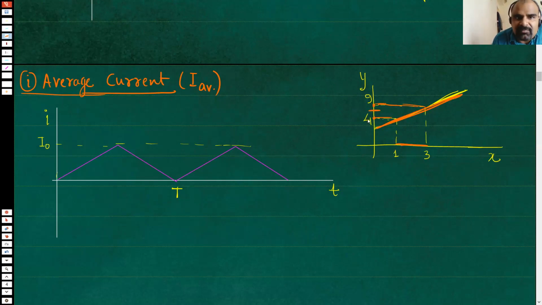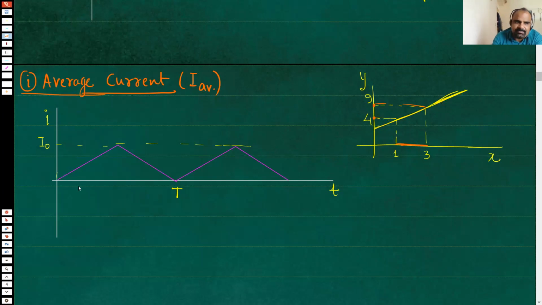In between 4 and 9, what lies exactly at the middle? 6.5. 6.5 lies exactly at the middle, because from 6.5, if you subtract 2.5, you will get 4, and if you add 2.5, you will get 9. Very simple. So 6.5 will be the average because it was a linear function.